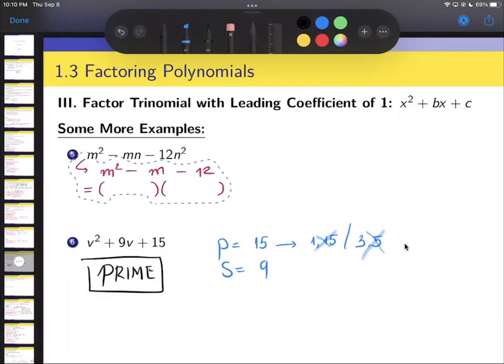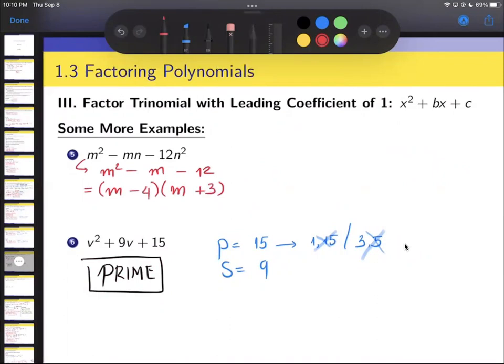Okay, so here m and m, because m times m is m squared. And then I want you to find me two numbers that multiply to negative 12 and add to negative 1. I see negative 4 and 3, right? It doesn't matter what order you put them in.